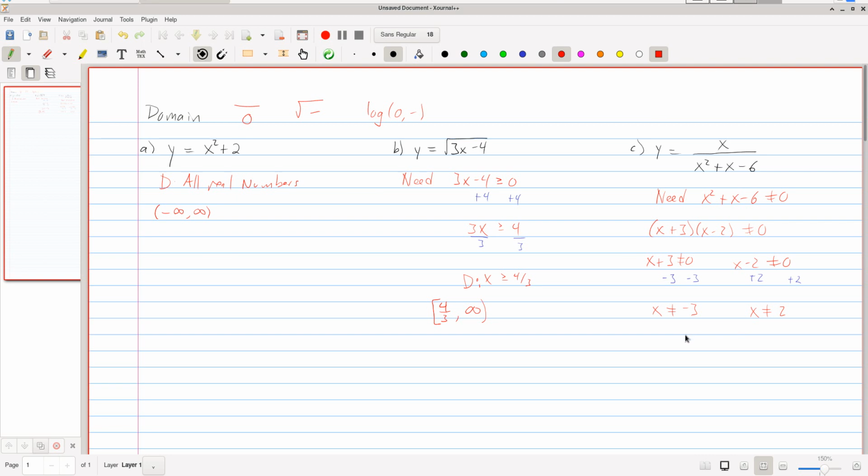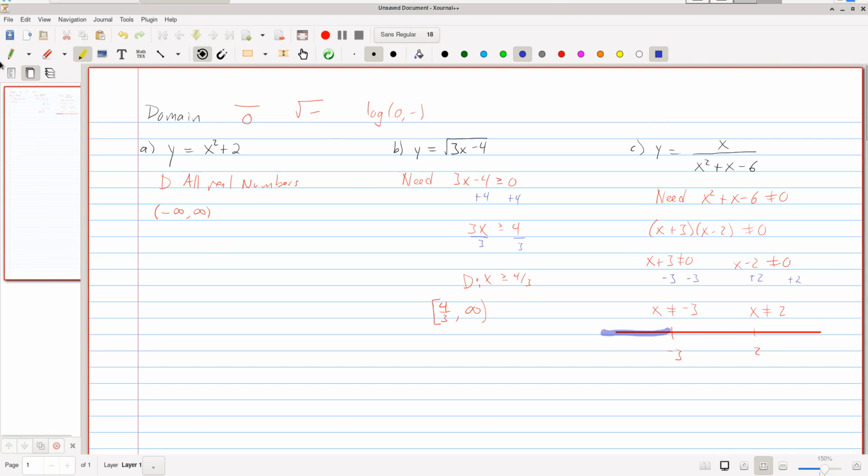Now, to write this in interval notation, it might be helpful to draw a number line. So let's put negative 3 and positive 2 on a number line. And I know we can include everything to the left of negative 3.